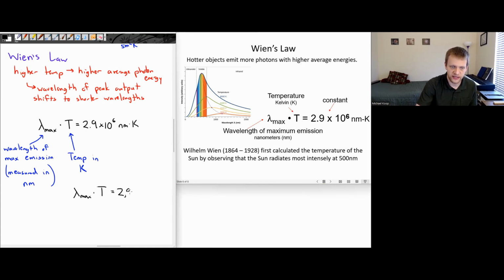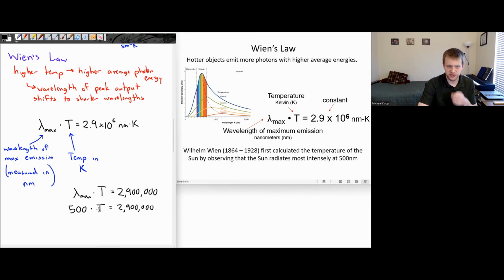So let me actually write that out as 2.9 million nanometers times Kelvin. We were just told that the wavelength of maximum emission occurs at 500 nanometers. And again, this must be in nanometers in order for this equation to work out. So 500 times the temperature is 2.9 million. And then, what would we have to do to both sides of that equation in order to solve for the temperature?